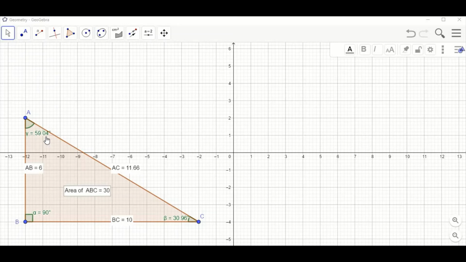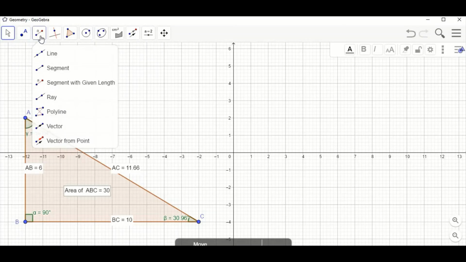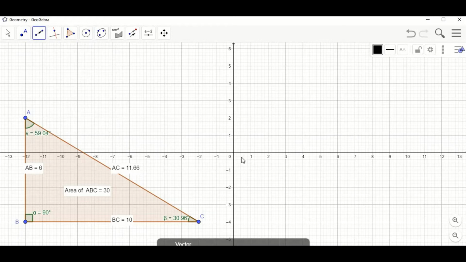So what I'm going to do is translate this triangle by a vector. First, I need to select a vector. The vector that I want to use to translate this triangle is going to be a vector from the origin. So let's put a point at the origin.